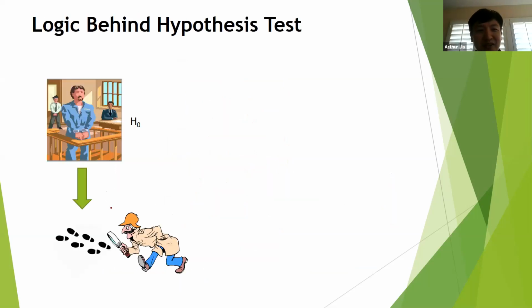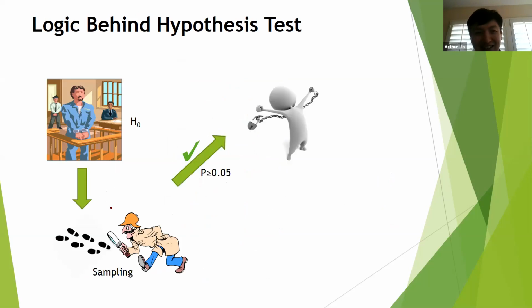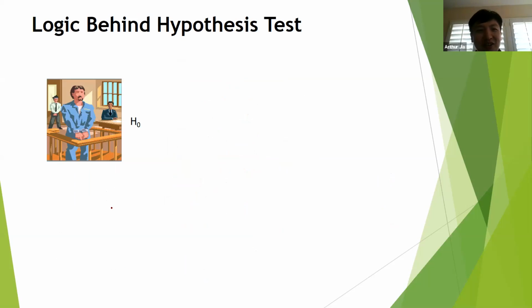This is my favorite part: the logic behind hypothesis testing. This is very similar to what is happening in the court in this country. For example, we have a null hypothesis. This is a very nice country, so we usually assume any guy on trial is innocent.